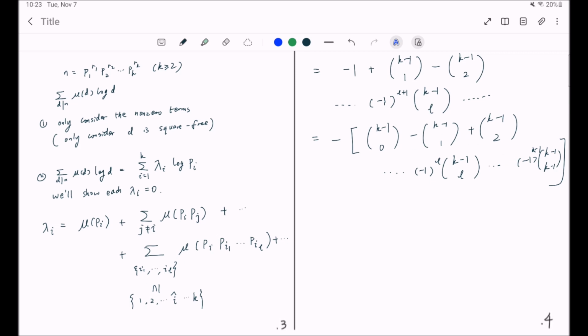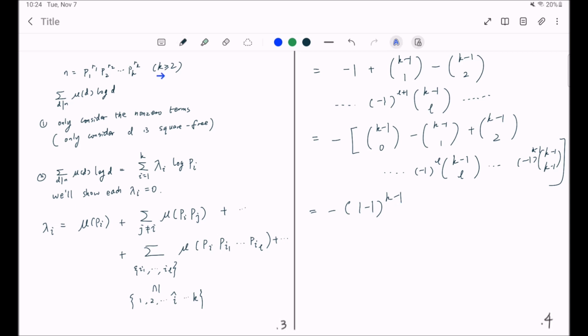Does this look familiar to you? It should be, because this is precisely the binomial expansion of 1 minus 1 raised to the power k minus 1.